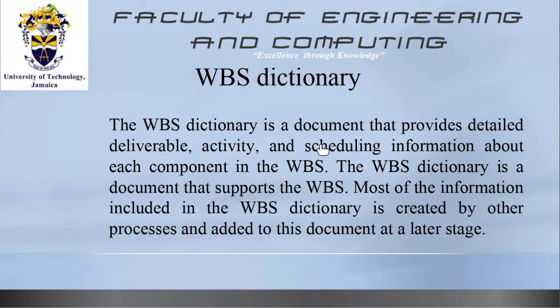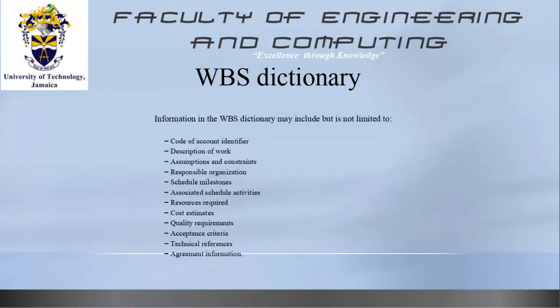Not only from the create WBS process, but from other processes that you would have done before, that you will now have to draw on to support the WBS dictionary. So it is important that we recognize that the WBS dictionary will include a multiplicity of things.